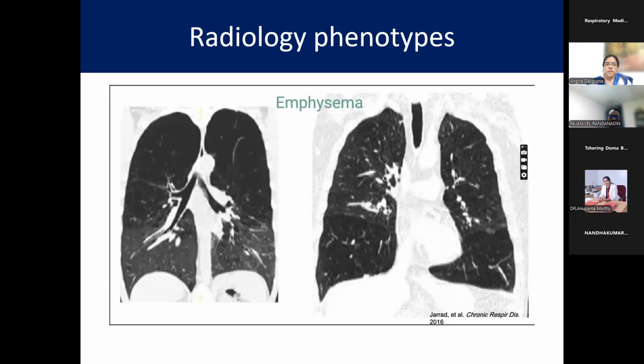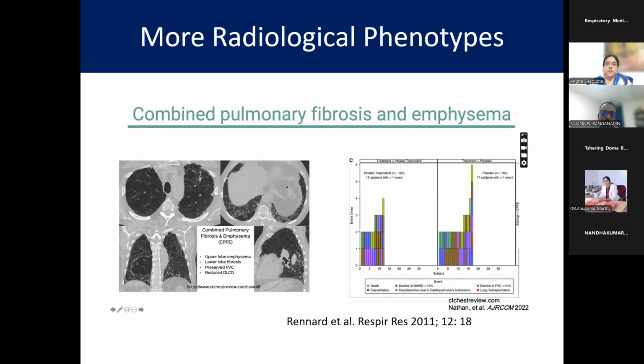Because if you have an alpha-1 antitrypsin deficiency, then the airway trapping in COPD usually occurs in the upper zones. So if you have a patient with COPD and an X-ray looking like this, it's alpha-1 antitrypsin, and we have to investigate further.